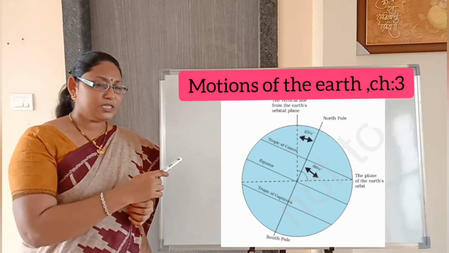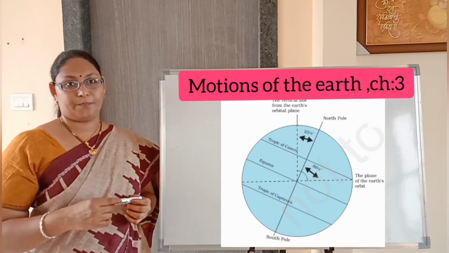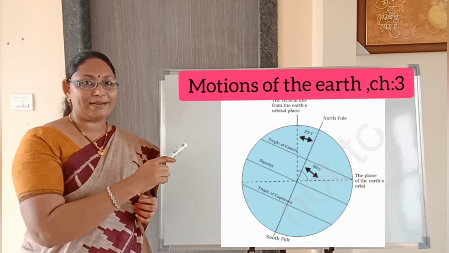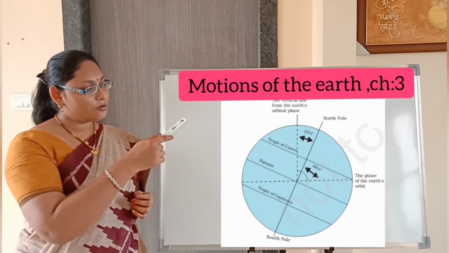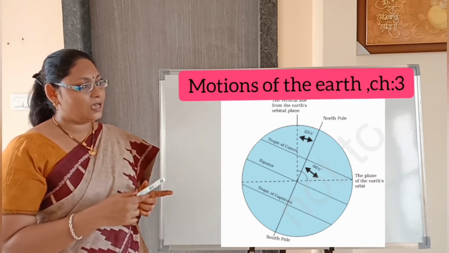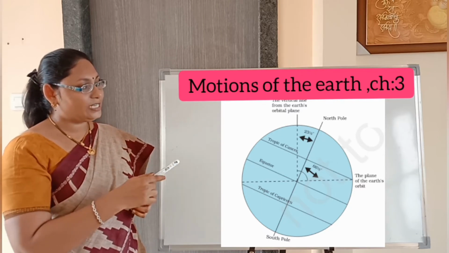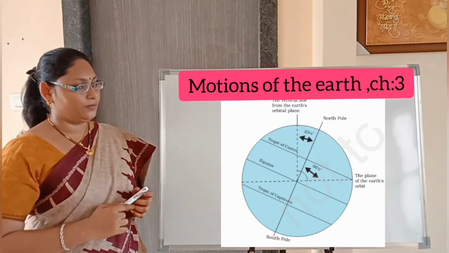In this image you can see the plane of the Earth's orbit, a horizontal dotted line, and here you can observe a straight line. Straight line means no dots, a connected line, which indicates the North Pole and the South Pole.